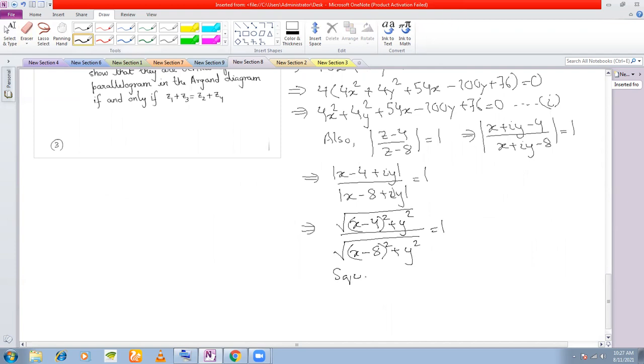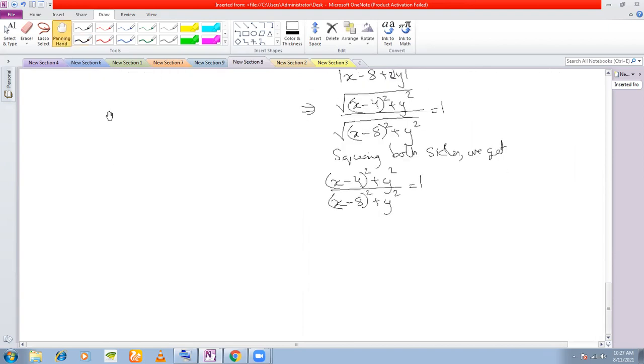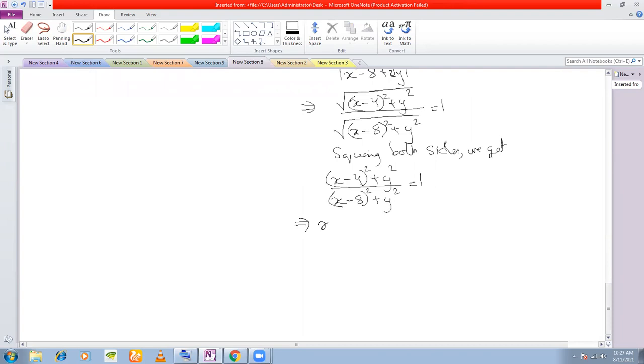Squaring both sides, we get (x − 4)² + y² divided by (x − 8)² + y² is equal to 1. Now you cross multiply: (x − 4)² + y² is equal to (x − 8)² + y².